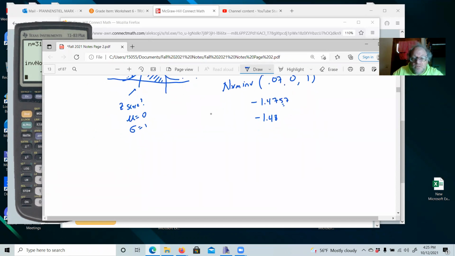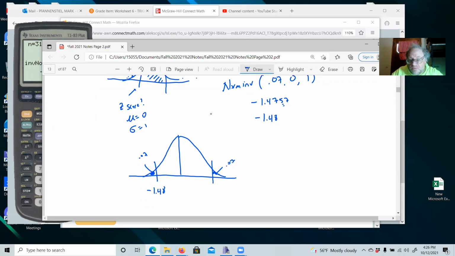It's the same on both sides. So if we found that here this area is 7% and the z-score that gave it to us is negative 1.48, well, if I look at the other side and I get this to be 7%, those are both positive because they're probabilities. And it's going to be positive 1.48.